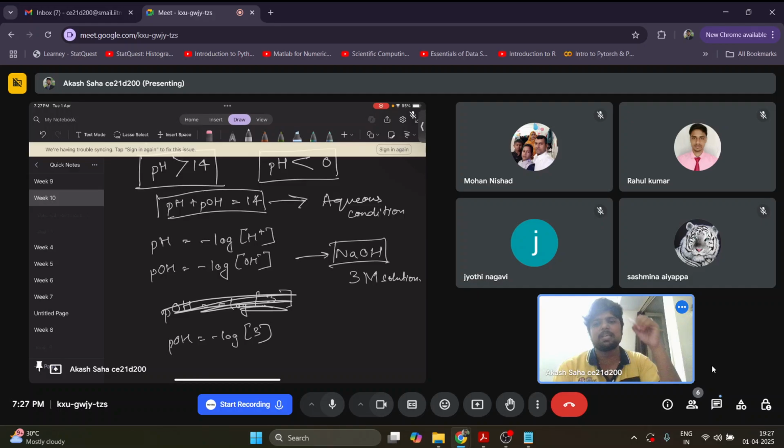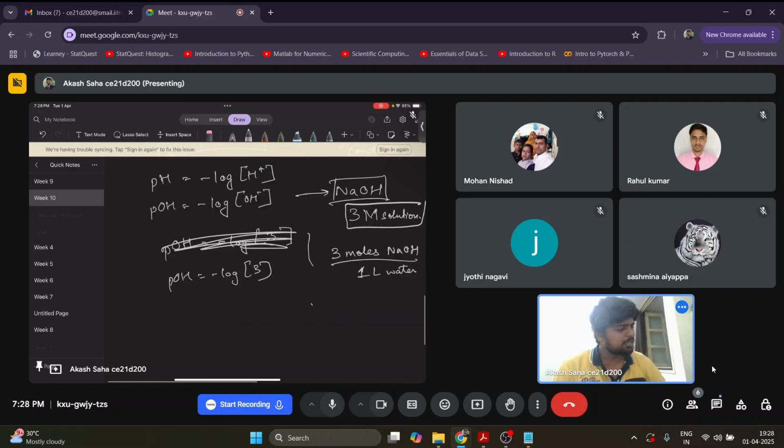Now if I keep on increasing this OH minus, then at some point I can get a pH or pOH more than even 14 or pH less than even 1, but at that time the system may not be aqueous. So what I mean by saying a 3 molar solution is that I have 3 moles of NaOH in 1 liter of water, right? So 3 moles of NaOH means roughly 3 into 40 grams of NaOH in 1 liter.